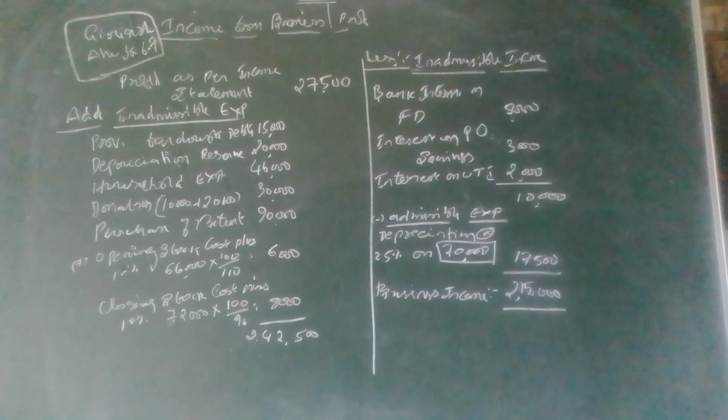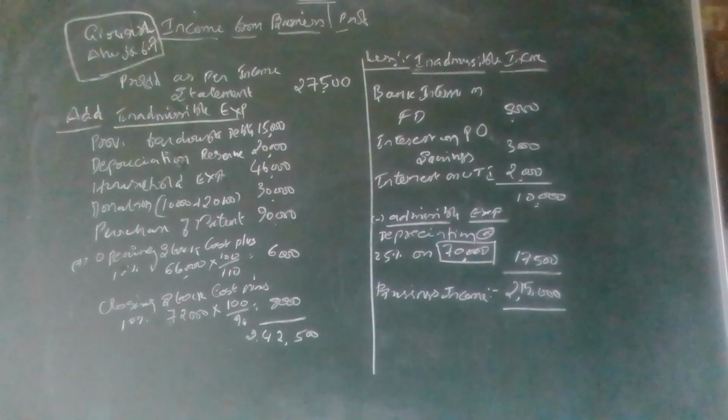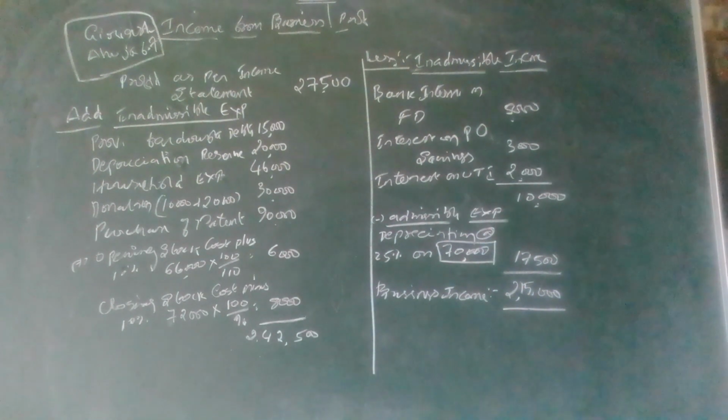Another most important thing here is incomes credited in P&L account. That you know very well. Bank interest on FD, interest on post office savings, interest on UTI units 2000. These three items are inadmissible income because interest on FD is non-trading income.